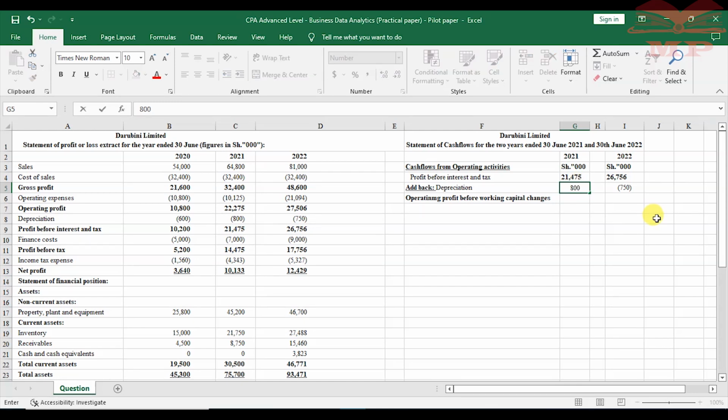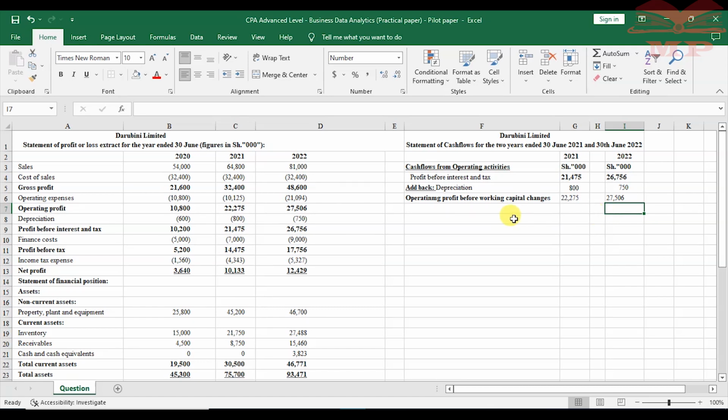So that is 800, and this one is 750, so that you get the equal sign. We are adding it back because it had been deducted before arriving at profit before interest and tax. So remember, depreciation had been deducted, so you add it back. So this is that plus this. Get that. Then again, equal sign, this plus 750. And it will give you your answer of 27,506.